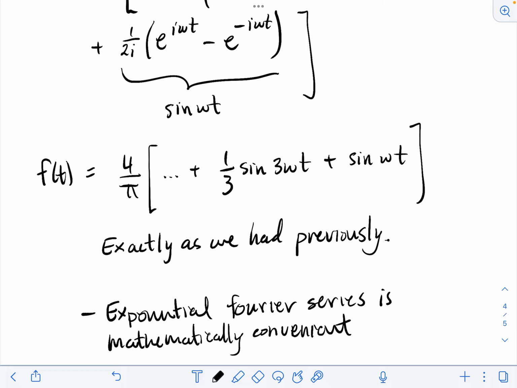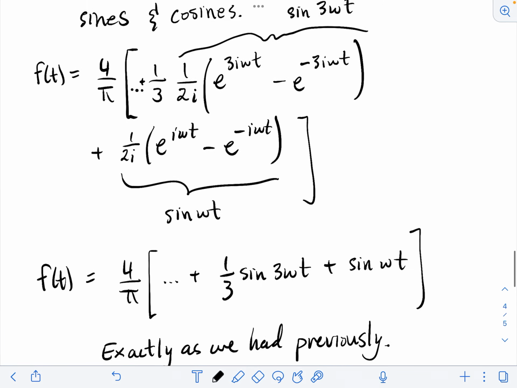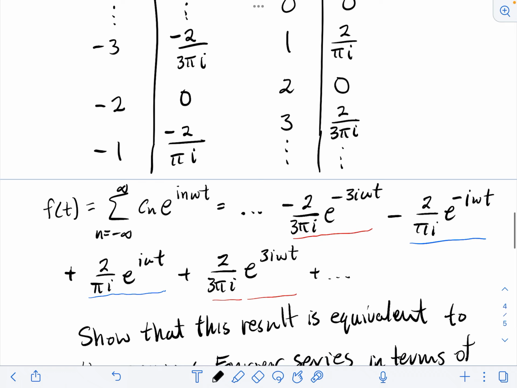One consequence is that the series has kind of negative frequency terms and positive frequency terms. So this is like the n equals plus 1 term. Here's the n equals plus 3 term. And so those would be kind of the positive frequency terms, because we have e to the plus i omega t and e to the plus 3i omega t.